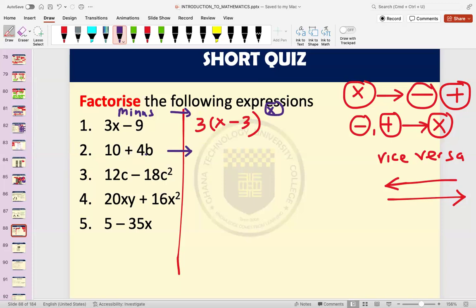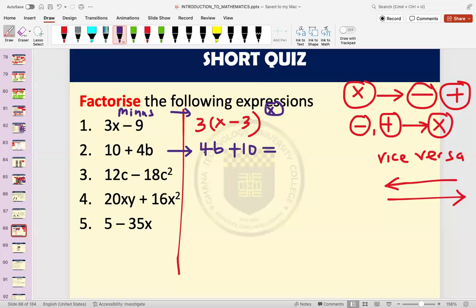We have 10 plus 4b. We have all agreed that for addition, order doesn't matter. So we can rewrite this one as 4b plus 10.